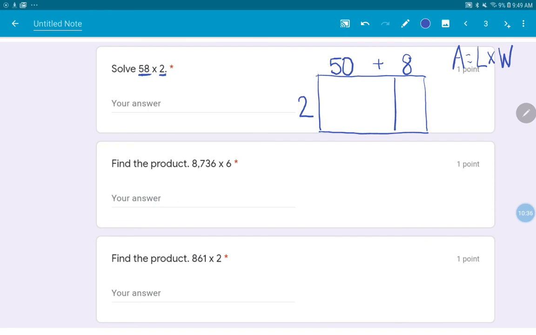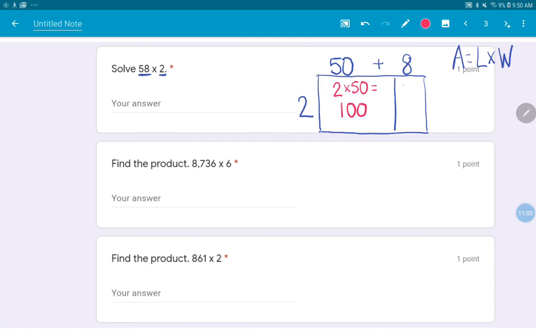So now I'm going to multiply to find the parts. To find the area of this section, I'm going to do 2 times 50. What's 2 times 50, Jaden? 100.